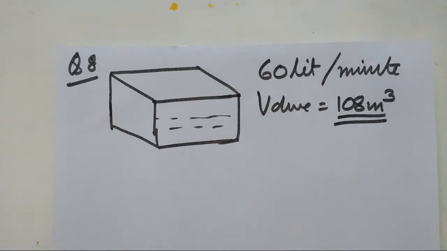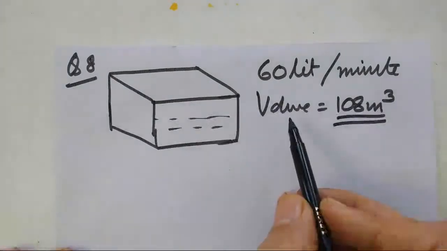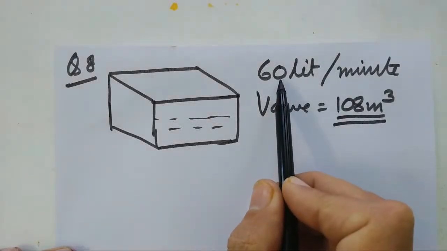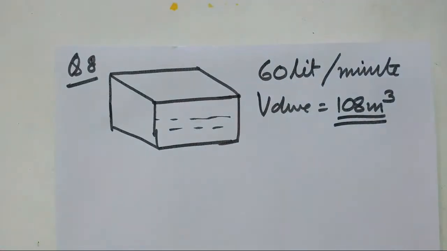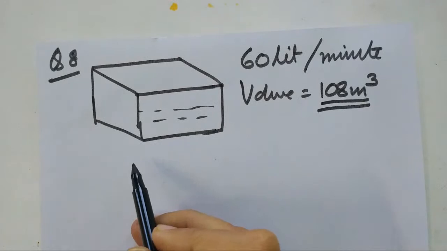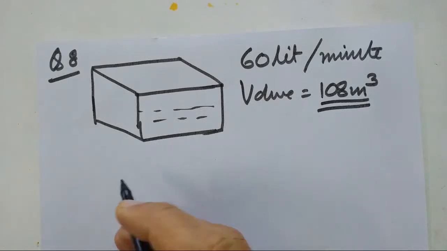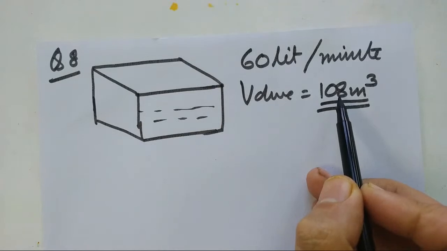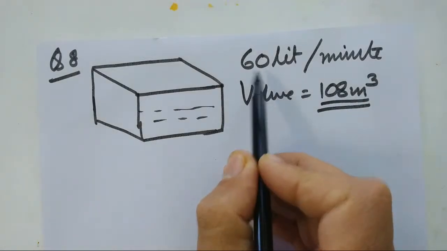Since the volume is given in meter cube, but it is filling at the rate of 60 liters in 1 minute, either you change this into liters or you change this into meters.